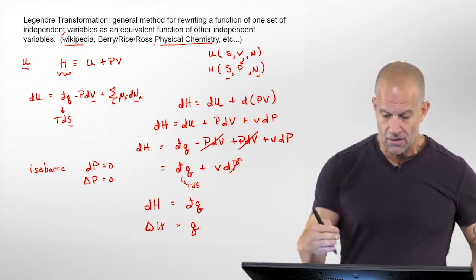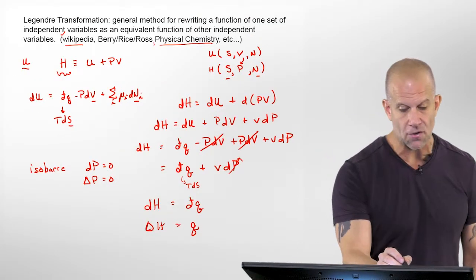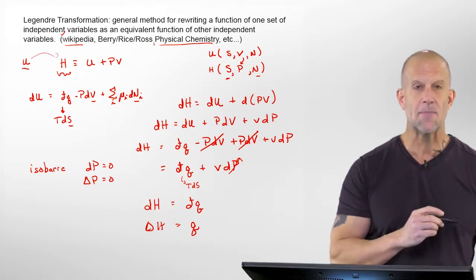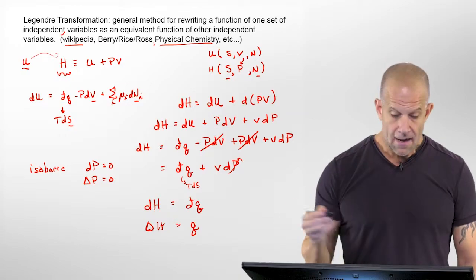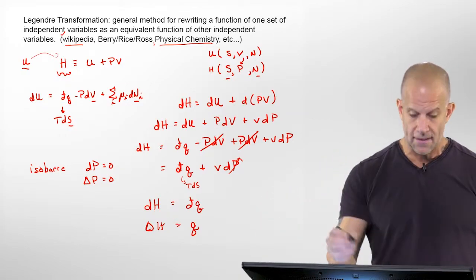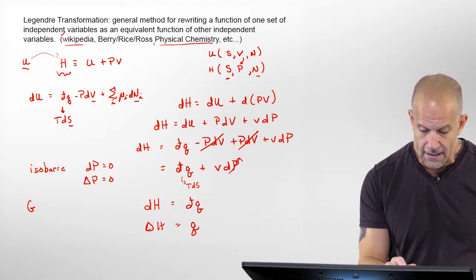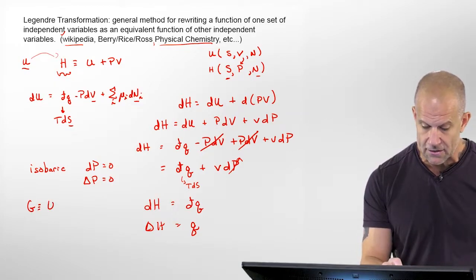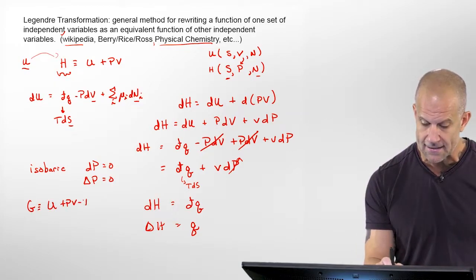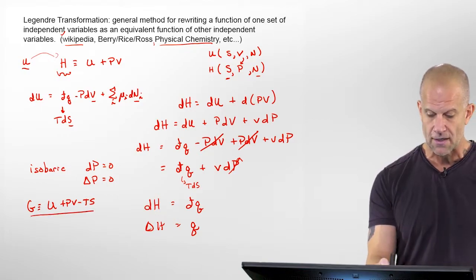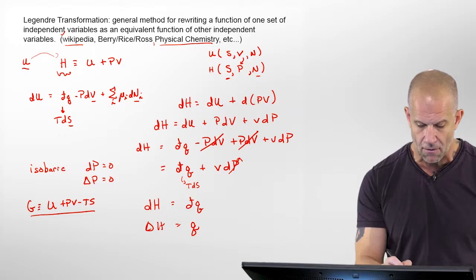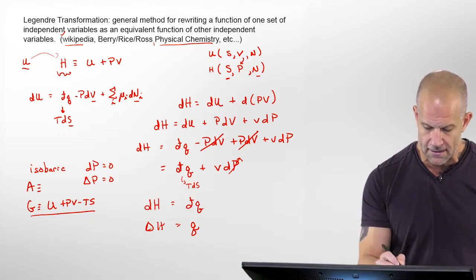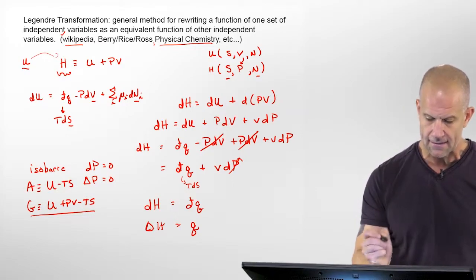And that is a Legendre transform from the internal energy to a different type of energy that has different dependent variables. Just to give you a sense of where this goes, the Gibbs free energy is the same thing. It is U plus PV minus TS, so it's a double Legendre transform. So we look at several different energies. The Helmholtz free energy is defined to be U minus TS.